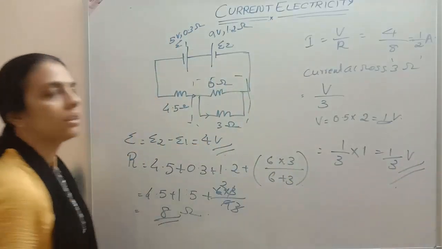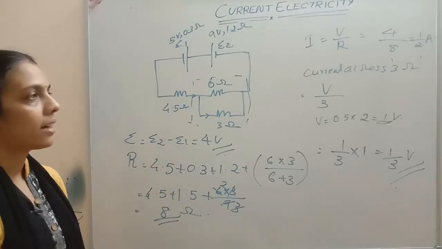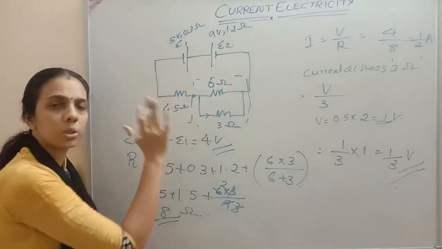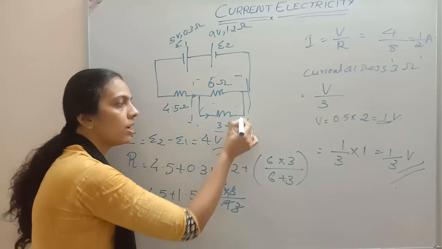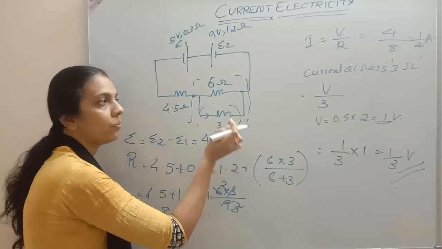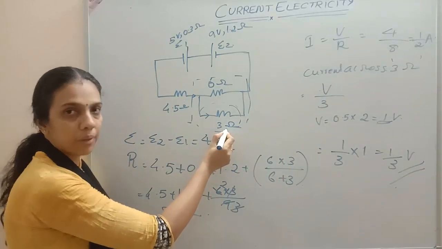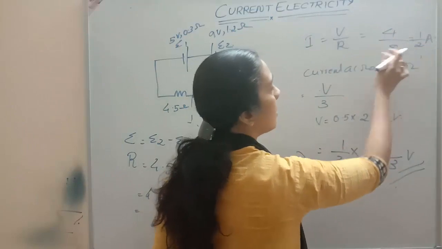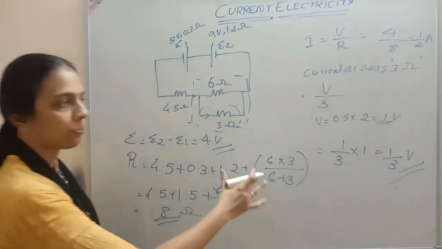Clear? This is how we find the current across the 3 ohm resistor. For that, first you need to find the total current. To find the current through 3 ohm, we need the potential across 3 ohm divided by 3, V by R. For finding the potential difference, first we found the current.